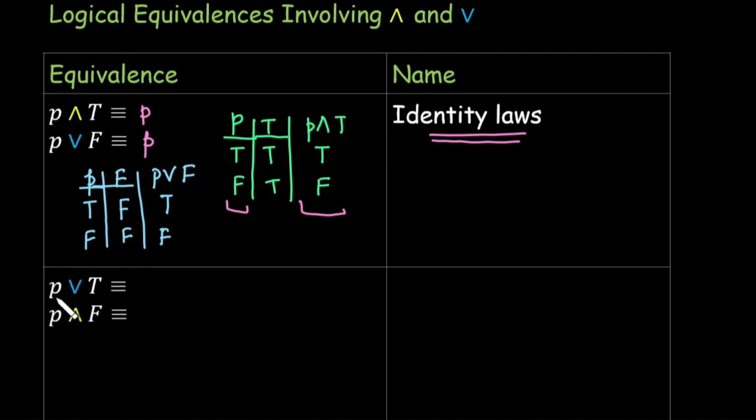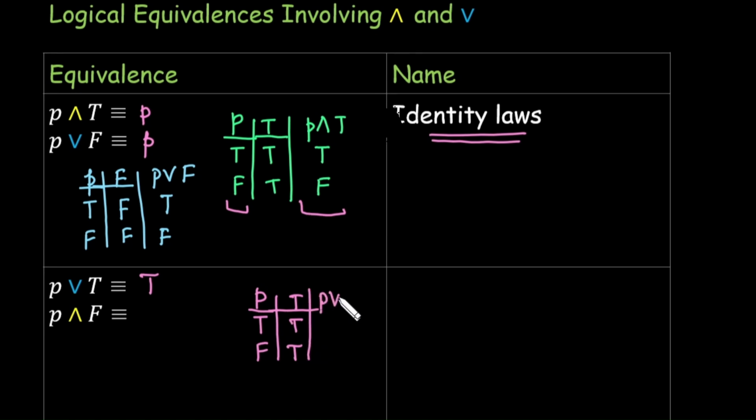The next law is P or true. We have some statement that is operated with the true statement using disjunction. So P or true is logically equivalent to true. How? If you check, P is true or false, and we are operating with the true statement, which is true in both cases.